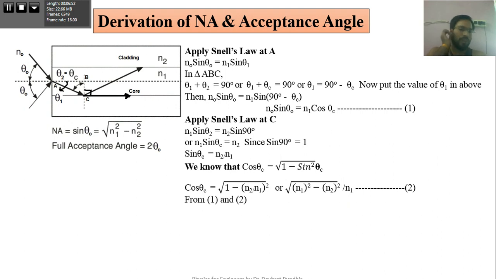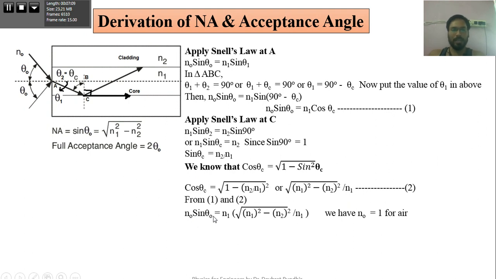Now from the first and second, you can put the value of cos θc in equation 1. What will happen? n0 sin θ0 equals n1, and you can just replace this cos θc by using this expression.